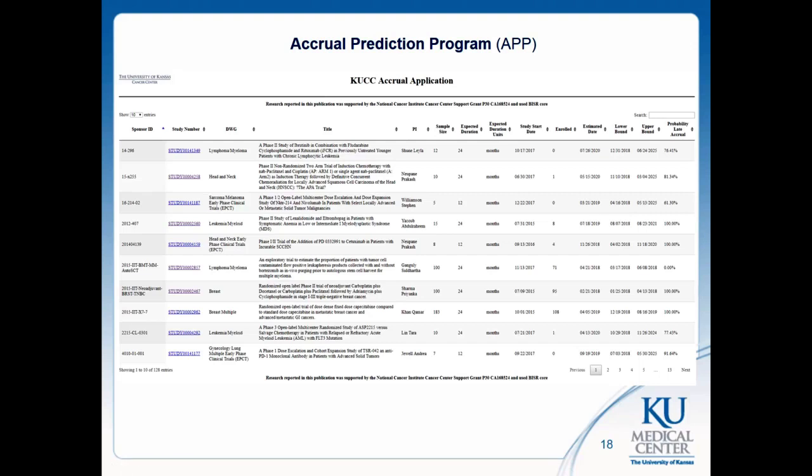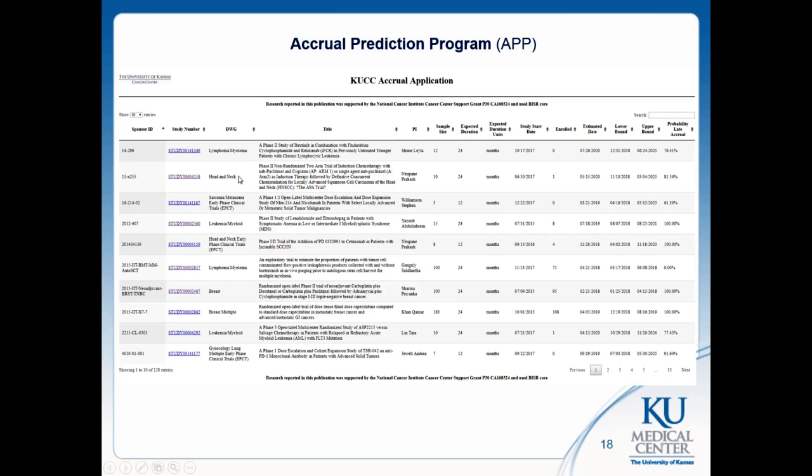This is how it looks. The URL to get to the app is accrual.kumc.edu. It works only when you're on campus because it's on the intranet. It allows the physicians or the clinical trial folks to monitor how well their study is doing.